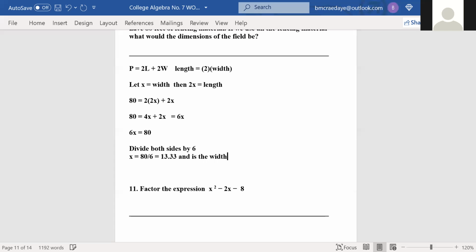Okay. So the length is twice X. So length equals 2x.